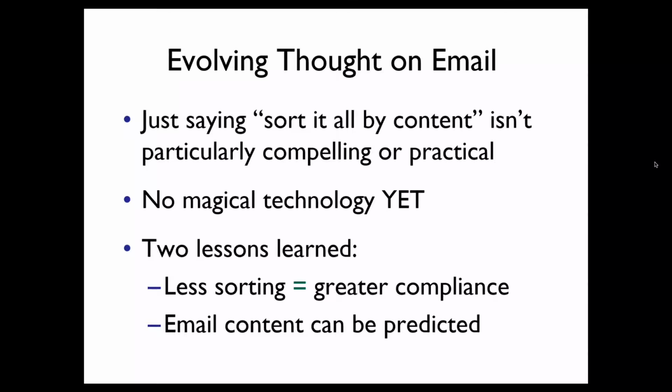Going along with this, we've also learned that email content can be predicted when we are talking about our work lives. While we are all special butterflies, unique in every characteristic in our personal lives, we are not in our work context. We serve a function.